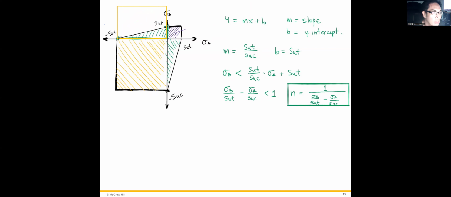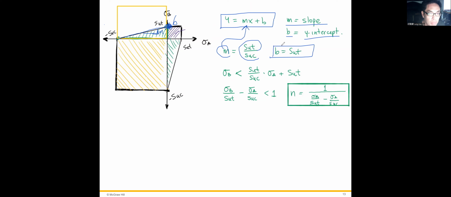For this linear line, we can use the linear equation y equals mx plus b, where m is the slope and b is the y-intercept. In this case, the slope equals S_UT divided by S_UC, and b equals S_UT, right here.